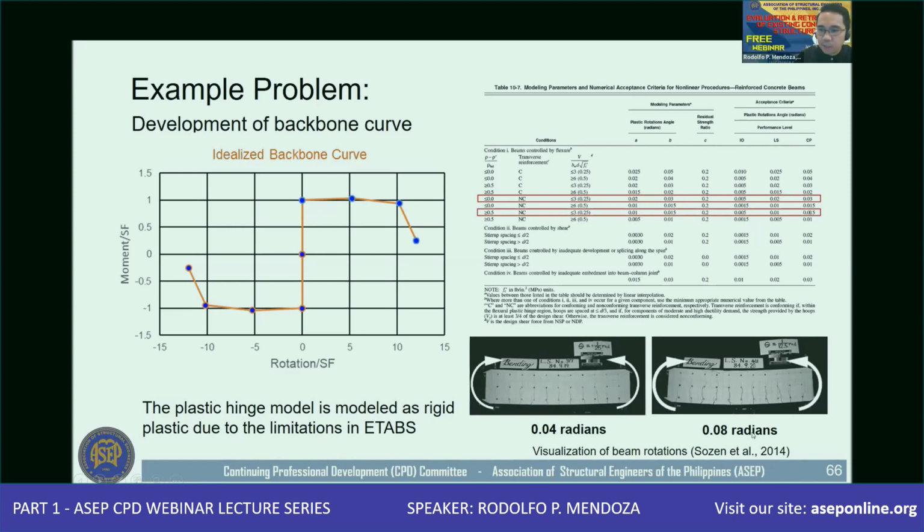While if you have a rotation of 0.08 radian, this is the type of cracking that you can expect. So if you compare these values of rotations in ASCE 41, this is 0.04, so the behavior of the beam is probably in this region. So it's a good reference for you to have a visualization of the rotations that are actually presented in ASCE 41.